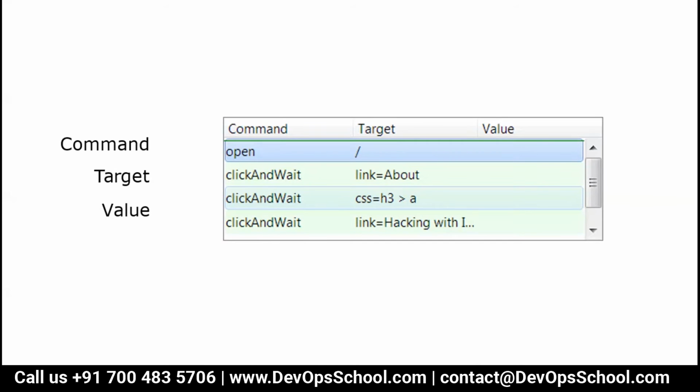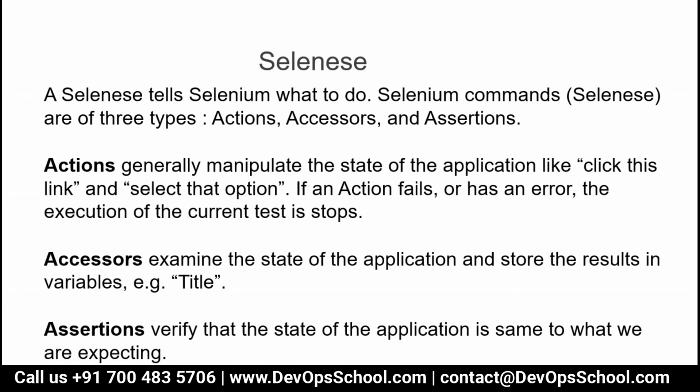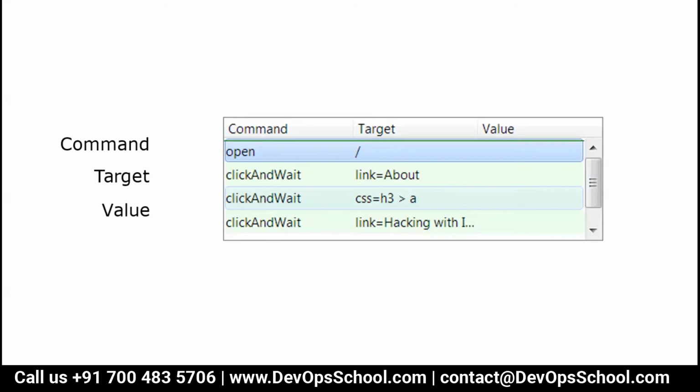Look at it. So here: command, target, value. These are all actions actually. See here, what we have: open, target some website, click and wait, where the link is named about. First you open the website, first step.